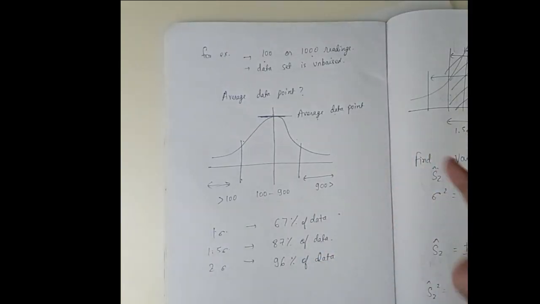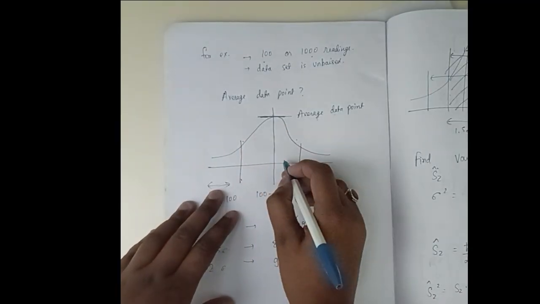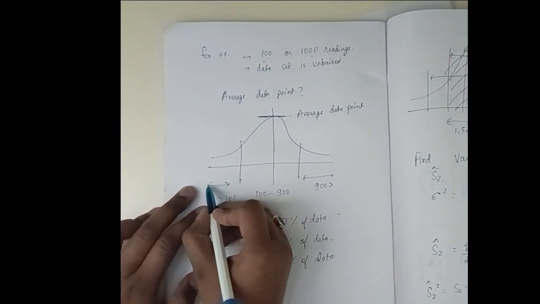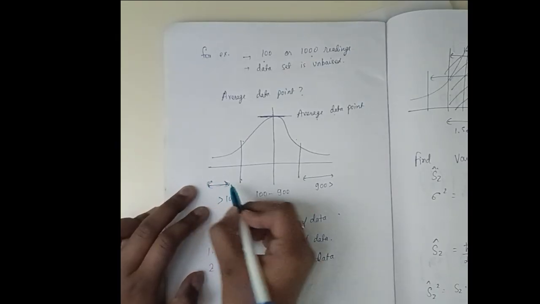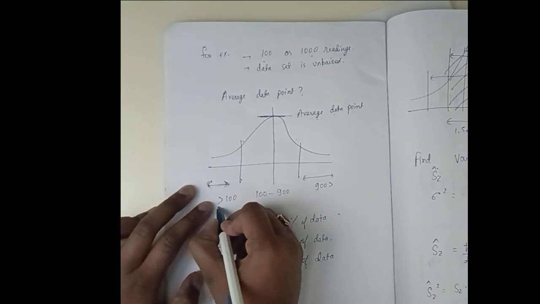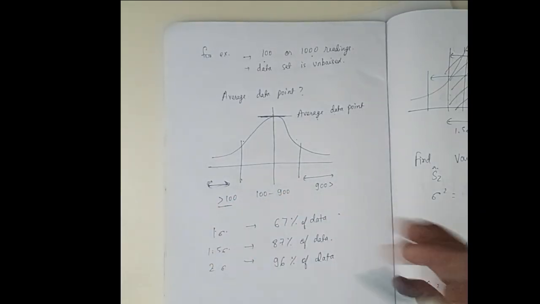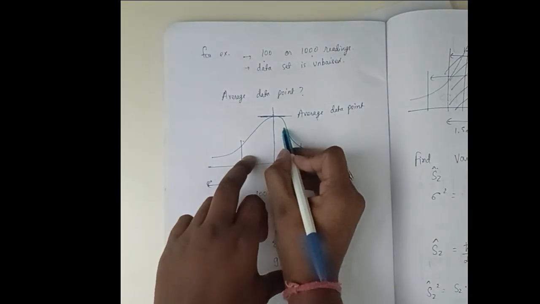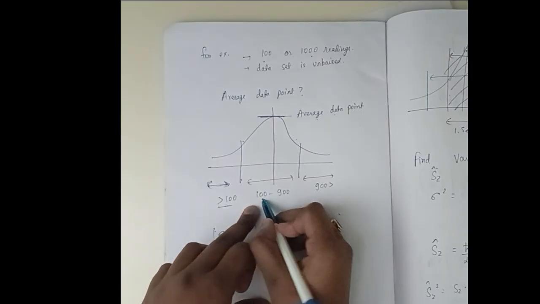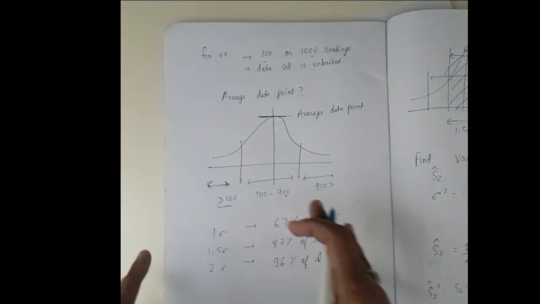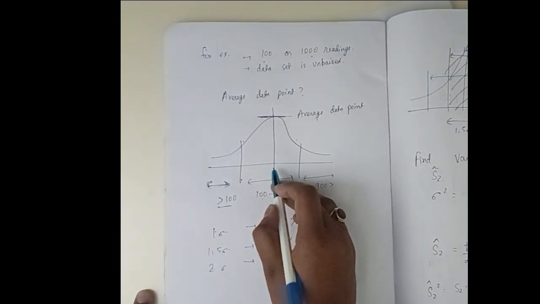That means many of the data sets are coming in between, from this to this. This area covers only the points which are less than 100, and from 100 to 900 points or readings are coming, which means most of our readings are coming in this area.